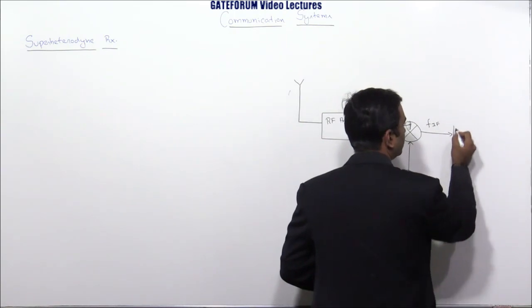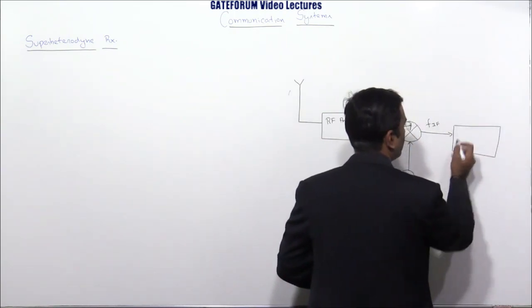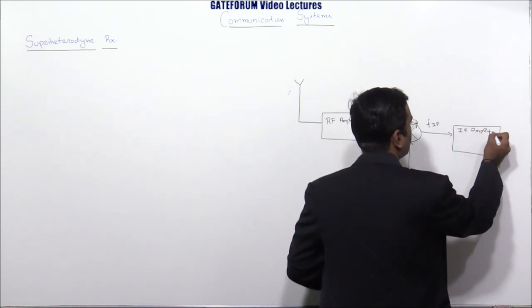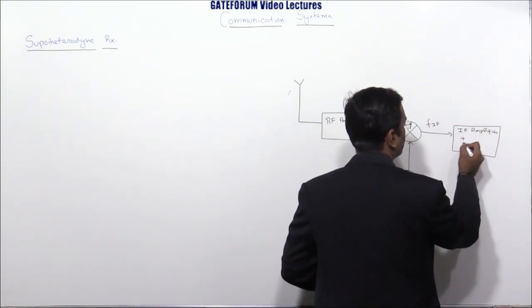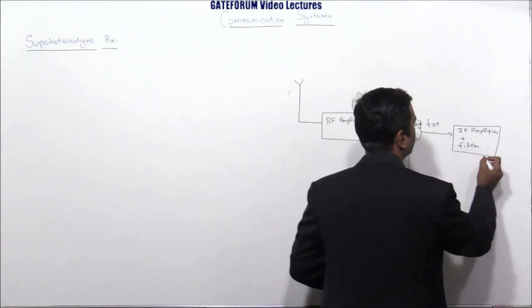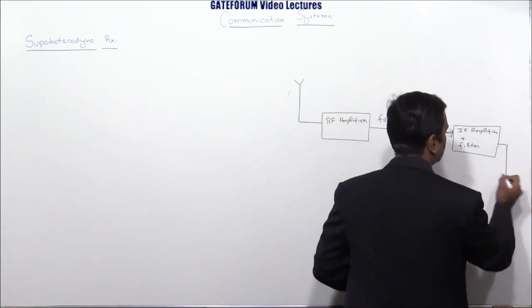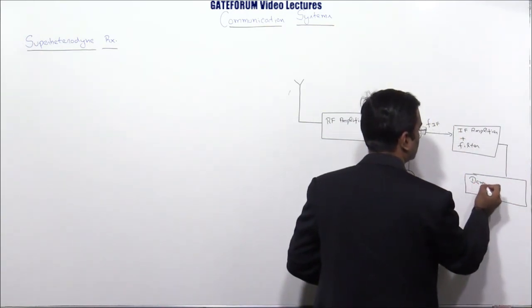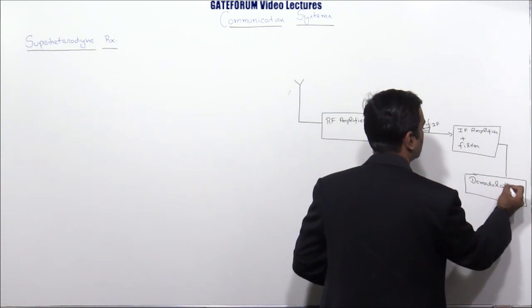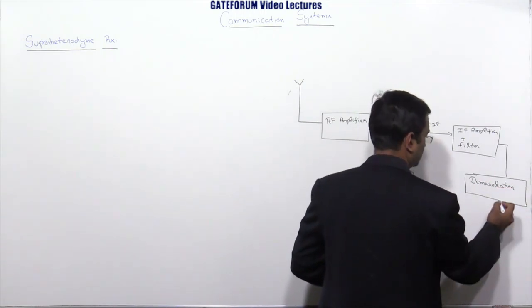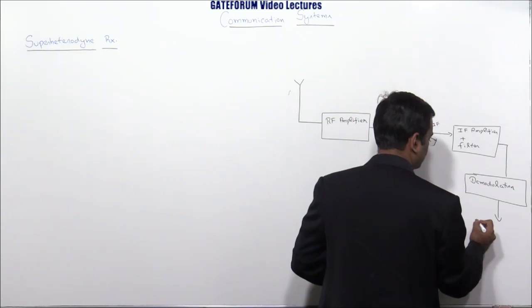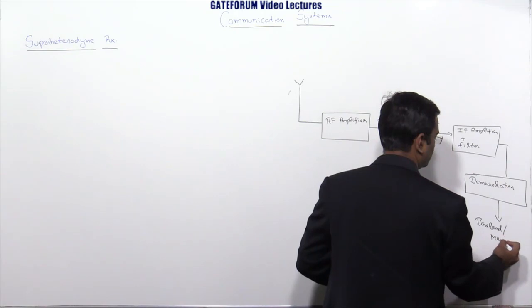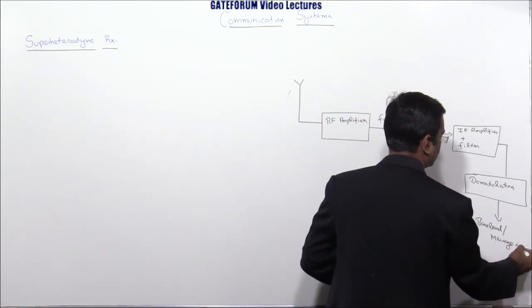FIF, intermediate frequency. Oscillator, demodulation, then the baseband message signal.